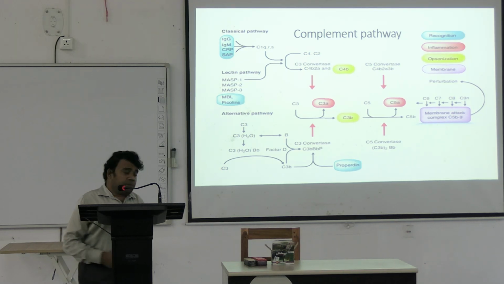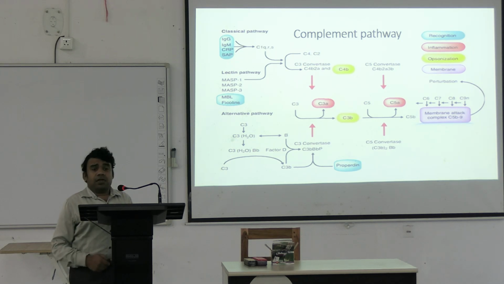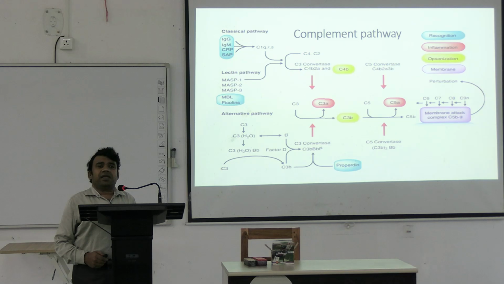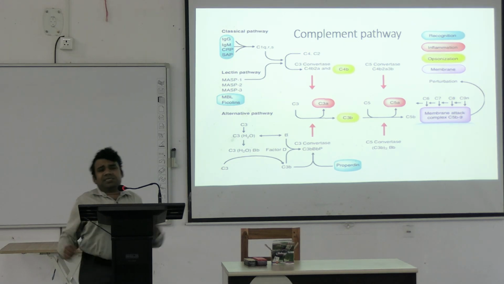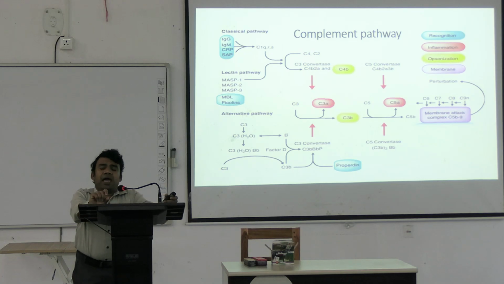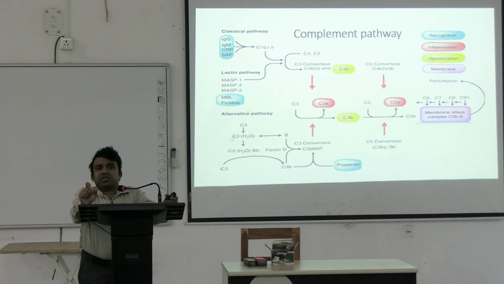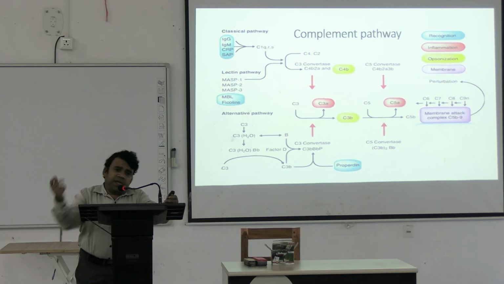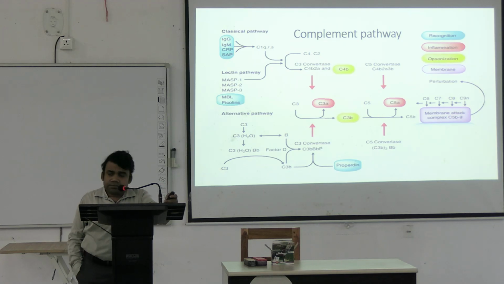Whatever pathway by which the complement may be activated, the end result is something called the membrane attack complex. Now, what is this membrane attack complex? It is basically a pore forming enzyme and is able to form a pore on the surface of the pathogen. If the pathogen has a pore on its surface, most of the cellular contents will come out and thereby the pathogen can be killed.